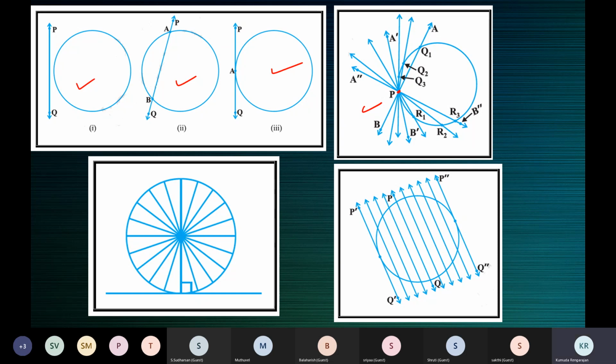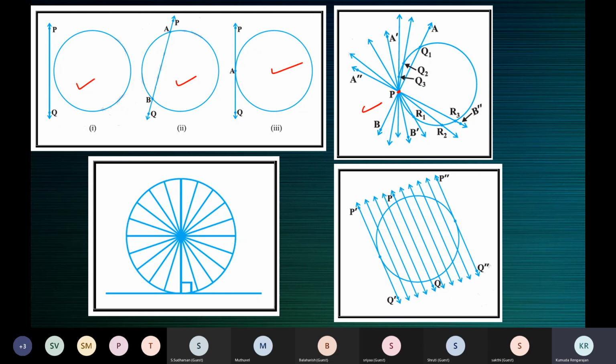Through the point P, we can draw as many lines as we wish. Of those lines, only one line can act as a tangent to the circle. So in this figure, if I'm not wrong, A dash P B dash is a tangent to the circle.